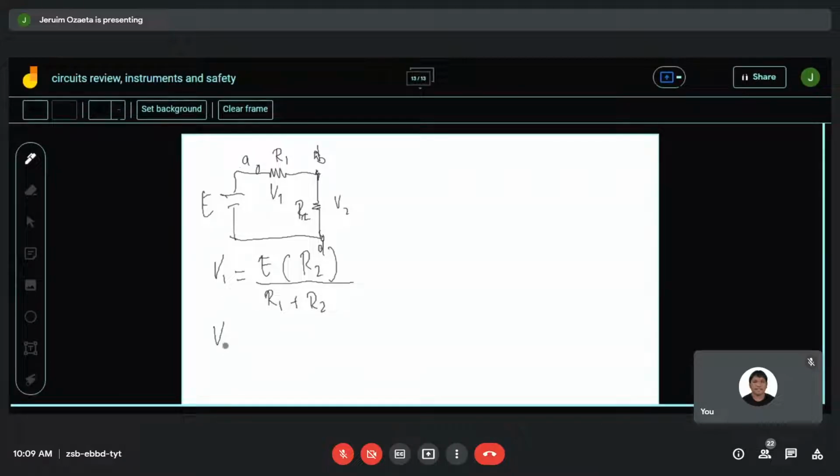Also, V sub 2 equals E times R sub 1 over R sub 1 plus R sub 2.